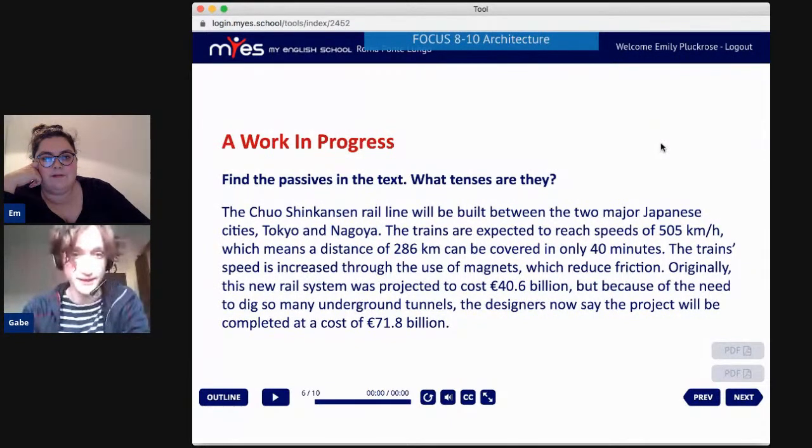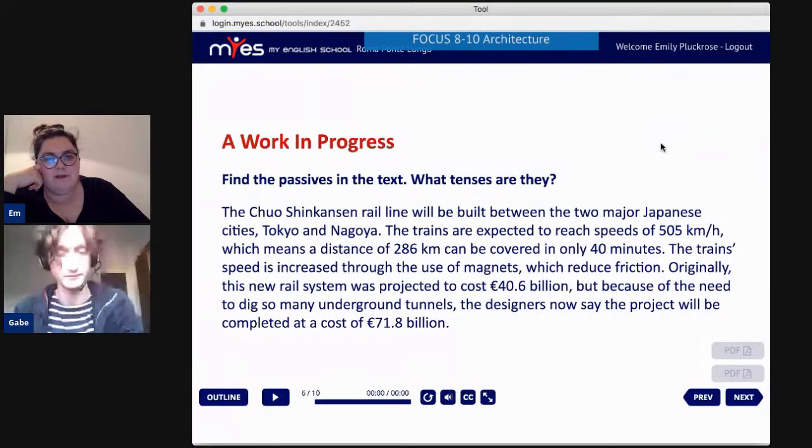The train's speed is increased through the use of magnets, which reduce friction. Originally, this new rail system was projected to cost 40.6 billion euros, but because of the need to dig so many underground tunnels, the designers now say the project will be completed at a cost of 71.8 billion euros.